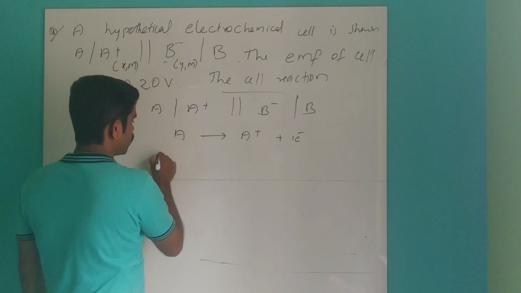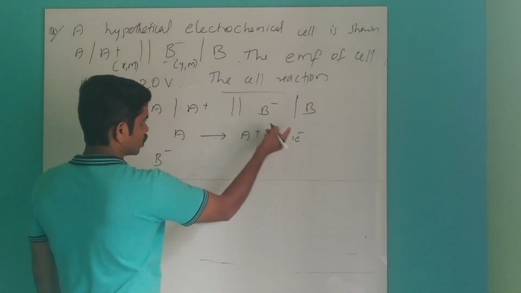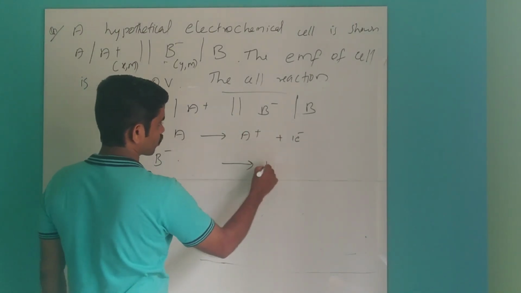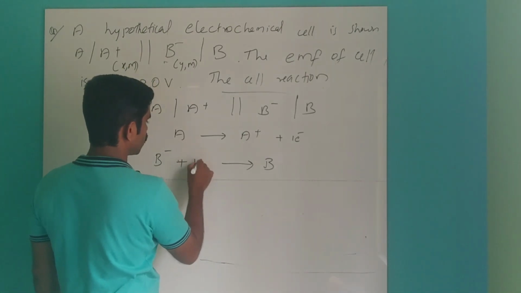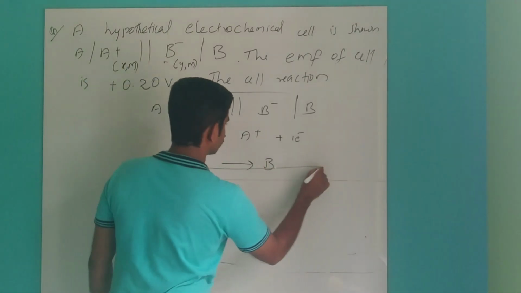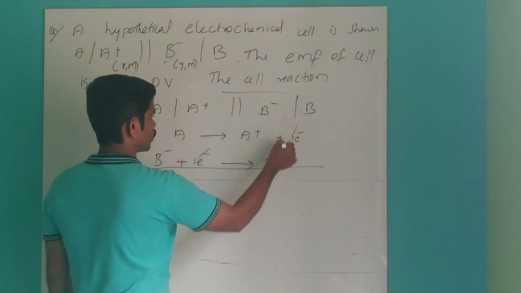Second, B− is becoming B, which means it is accepting an electron. Add these two and the electrons cancel.